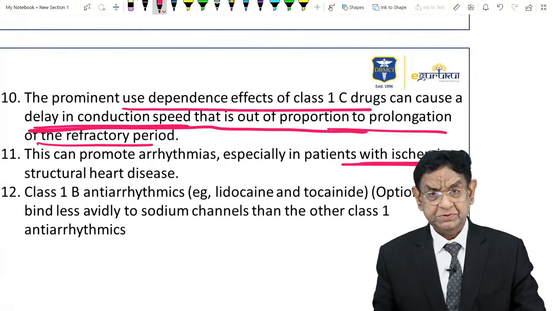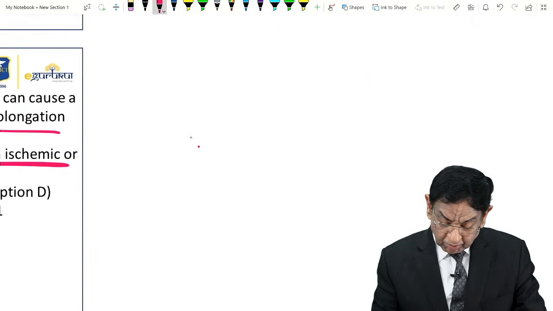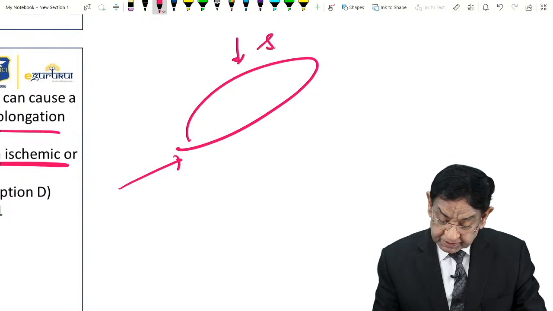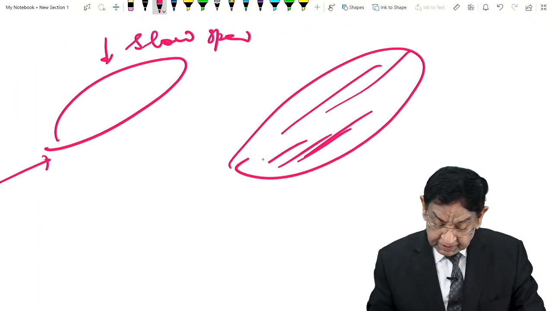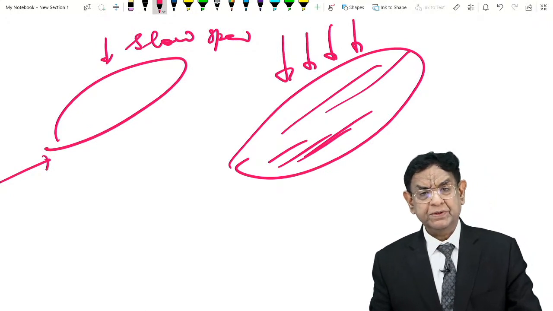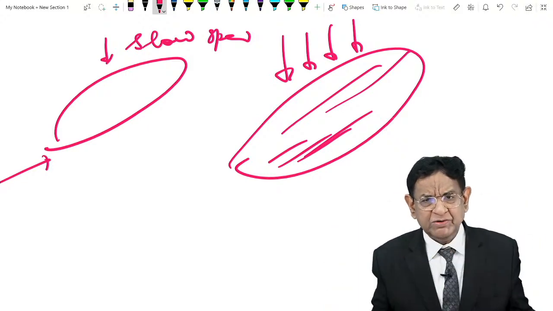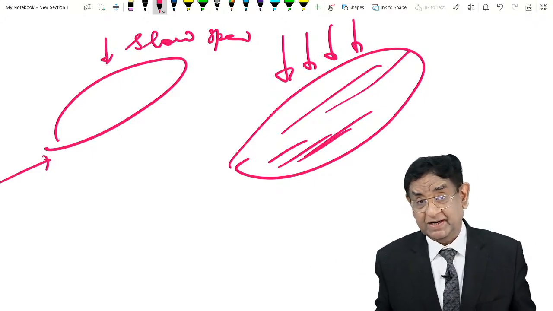Ischemic tissues. Okay. This is the normal cell. It slows down the speed. Slow speed. This is the ischemic cell. Speed is reduced drastically. That means it virtually slows down the ischemic tissue speed drastically.